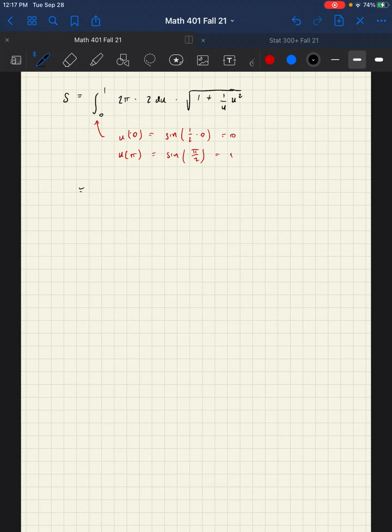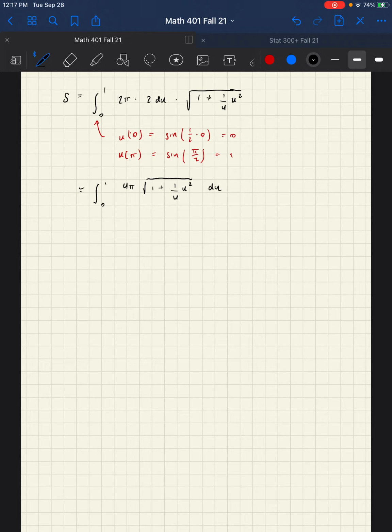So these are our limits of integration. That's where they come from. And now we just rewrite this in a way that's a little nicer to work with. So the integral from 0 to 1 of 4 pi times the square root of 1 plus 1/4 u squared du.